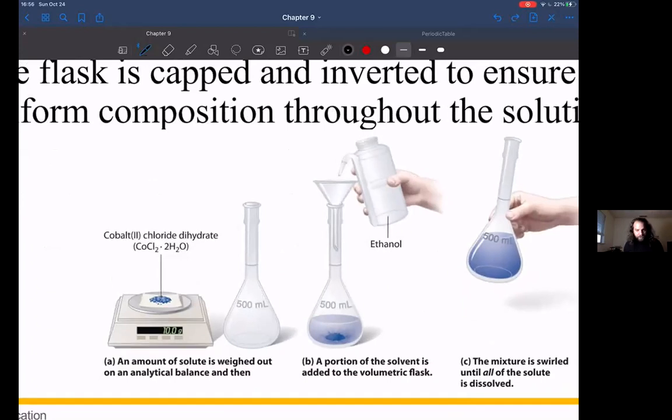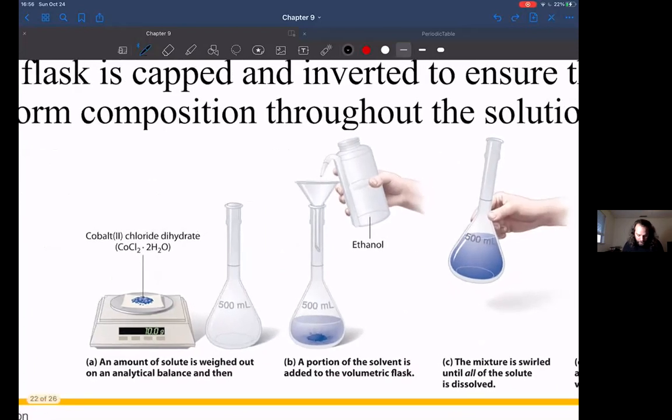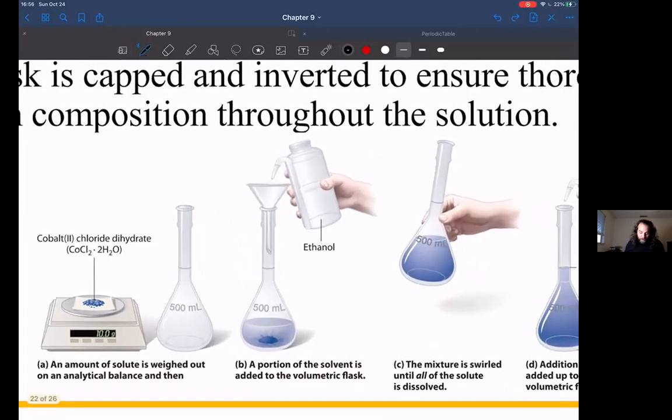Measure it out, however much solid you were supposed to put in there. Then you add the solid to the volumetric flask. And then you fill up the volumetric flask with whatever your solvent is. In this case, it says ethanol. 99% of the time, it's actually water that we're using as our solvent. But whatever your solvent is, you're going to start filling your volumetric flask up.